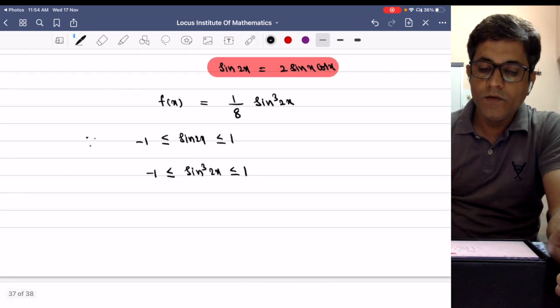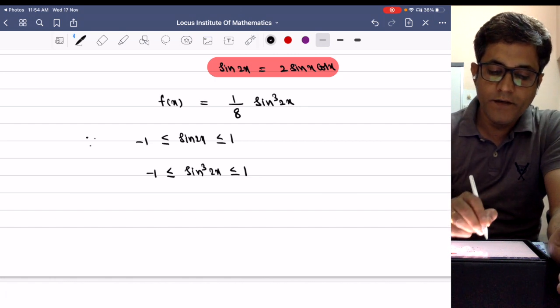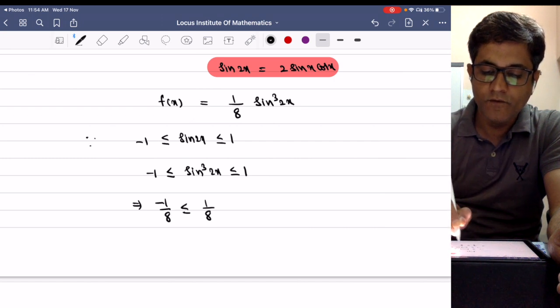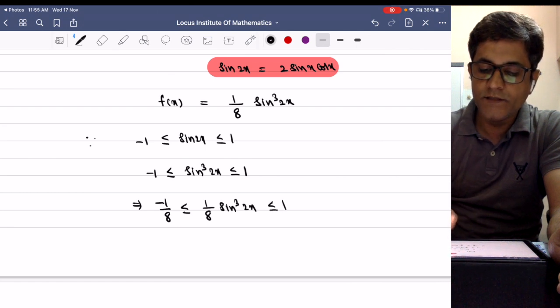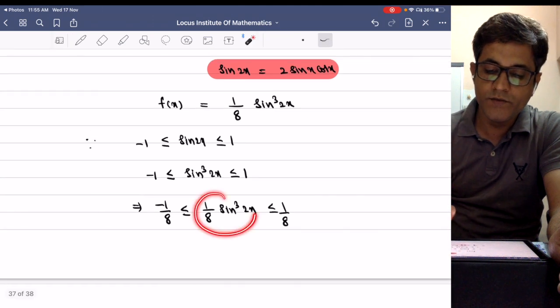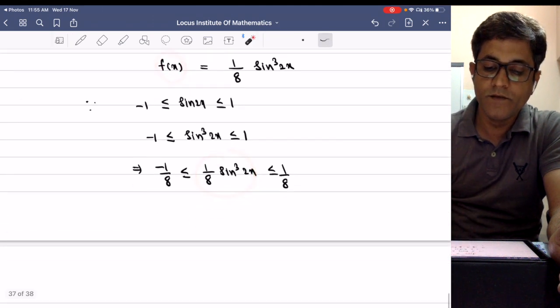Now multiply throughout with 1 by 8. Then we get -1 by 8 is less than or equal to 1 by 8 into sin cube 2x is less than or equal to 1 by 8. What is this 1 by 8 into sin cube 2x? It is f of x.